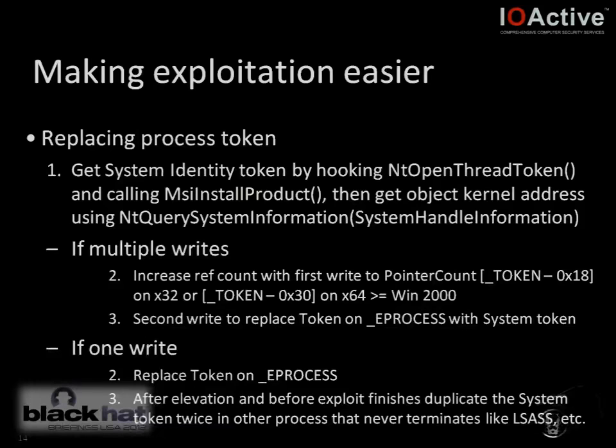And by using NtQuerySystemInformation, you get the kernel address of that token. So now you have the information needed that will allow you to replace the current token of your exploit. Because, of course, if you are exploiting something, you are running under a low privilege account, so you get this system token, you replace your primary token, and then elevate privileges.